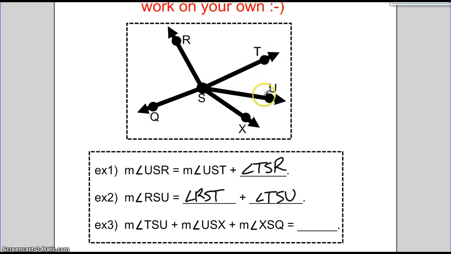T to S to U plus U to S to X plus X to S to Q. That's all the way around. Makes a straight line. So it becomes Q S T. Now if that was a straight line, which doesn't look like it, we're not going to say it is right now, but if it was, it would be 180.